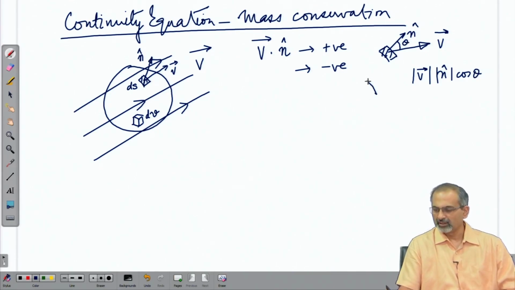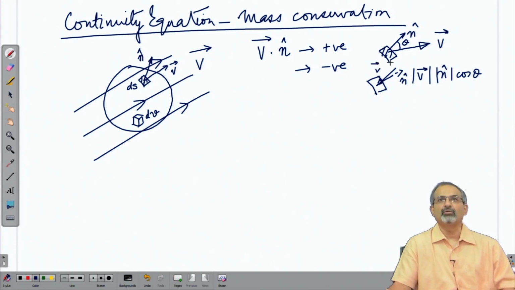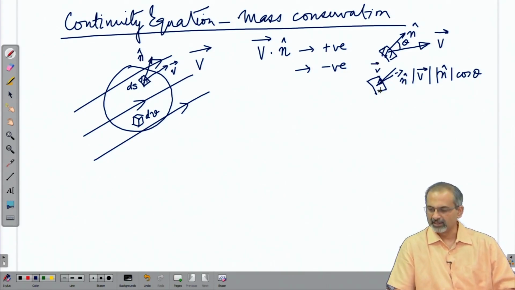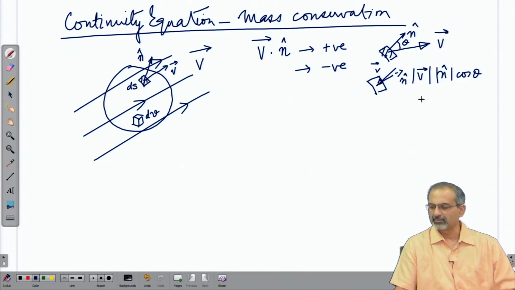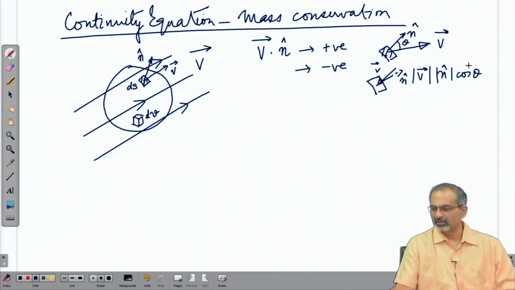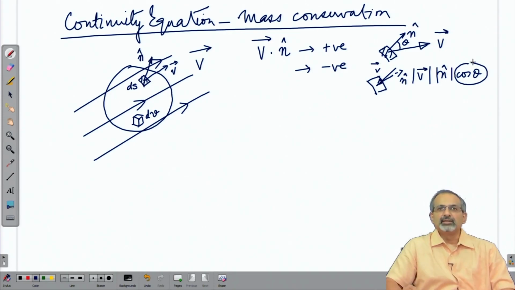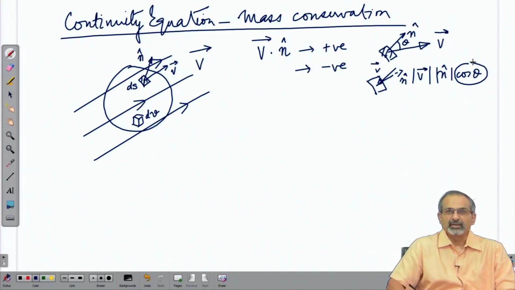And on the other hand, when the velocity is pointing inwards, then the unit normal and the velocity are pointing in almost opposite directions, and therefore, the dot product will end up creating a negative value. It is because of the cos theta, which will then become negative. So, that is something that we have to keep in mind.